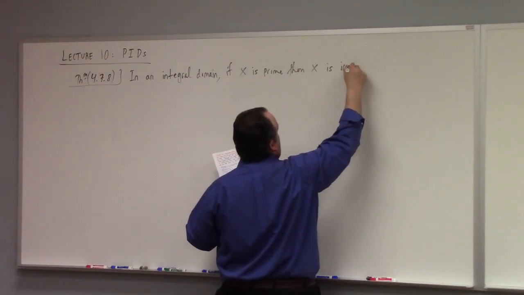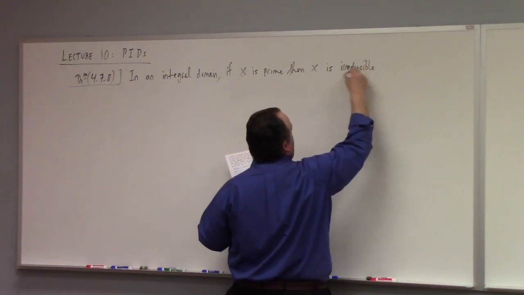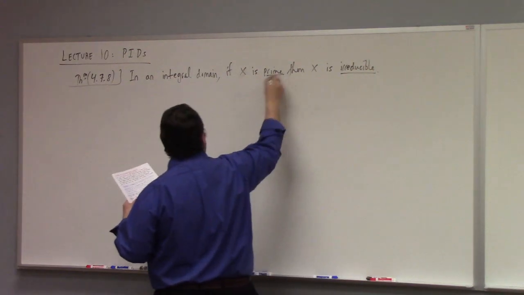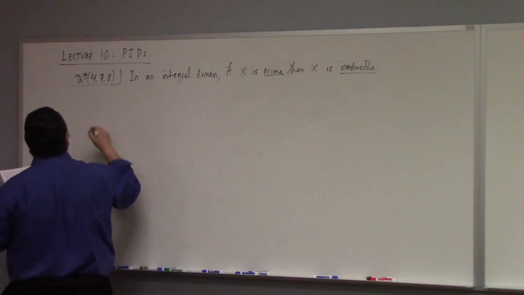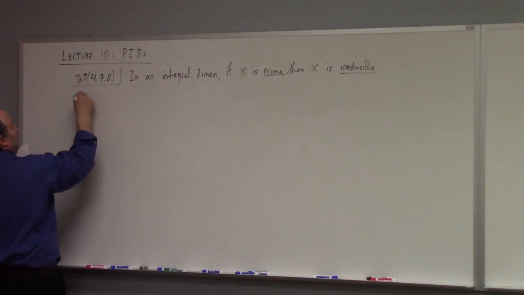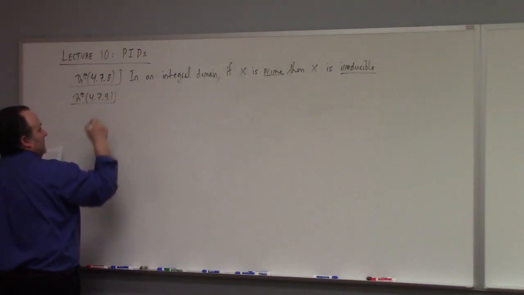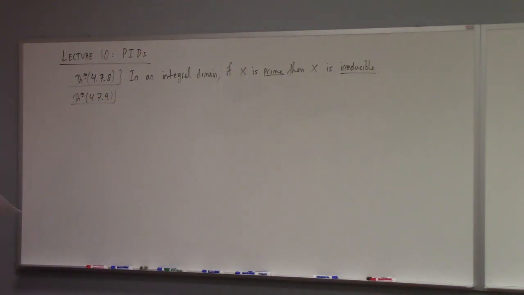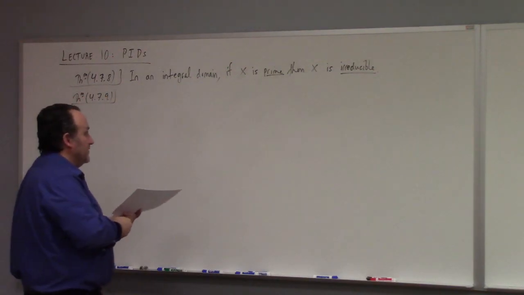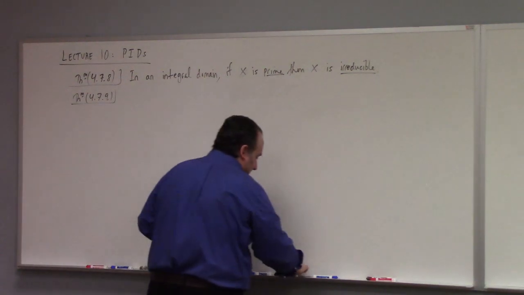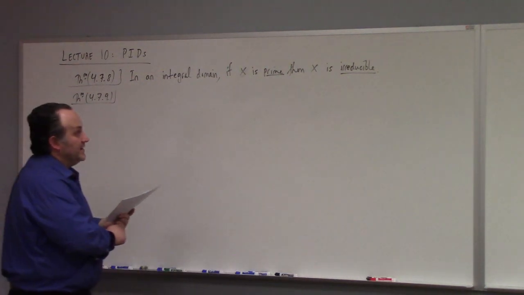And what did that mean? What did it mean to be irreducible? It meant we couldn't factor it, or if we did factor it, at least one of the factors was a unit. All right, so I would say there's no non-trivial factorization of it as a way you could characterize irreducibility.